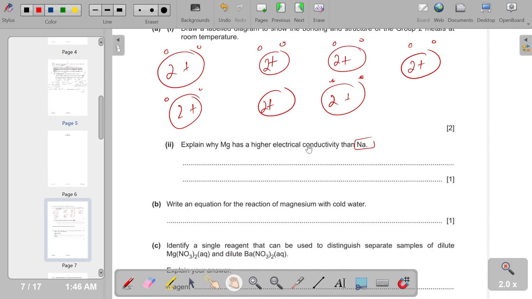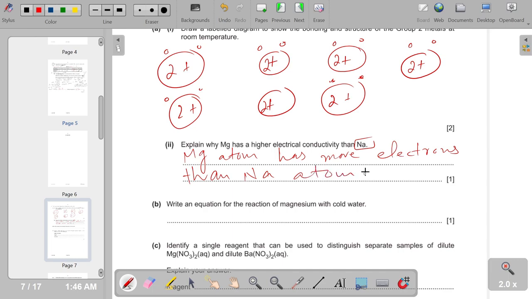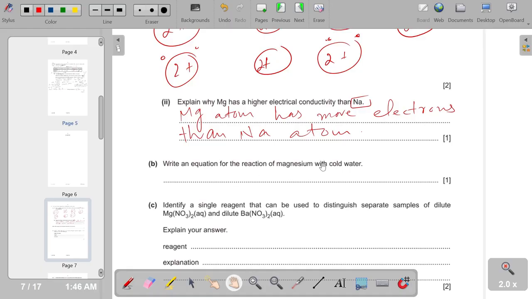So it means a magnesium atom has more electrons than a sodium atom. Because sodium is from group 1, each atom will carry only 1 electron. Magnesium is from group 2, so it will carry 2 electrons per atom. Next, write an equation for the reaction of magnesium with cold water.